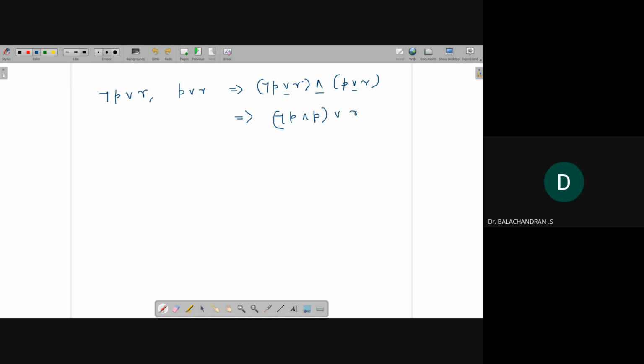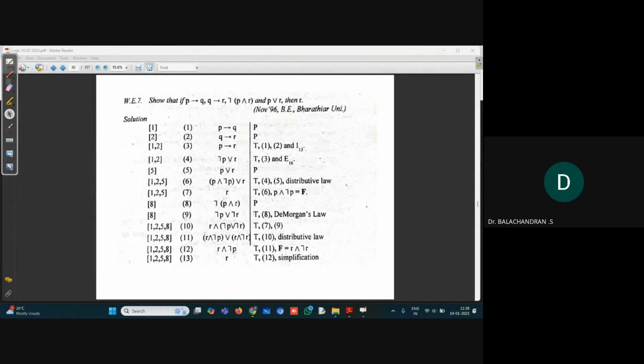R is common. So actually this is nothing but false or R. This is R. We will check it.